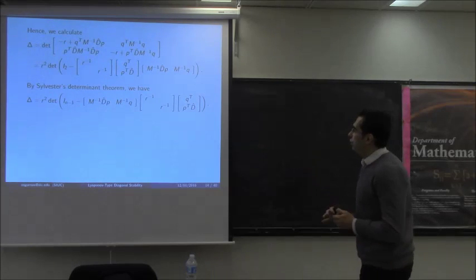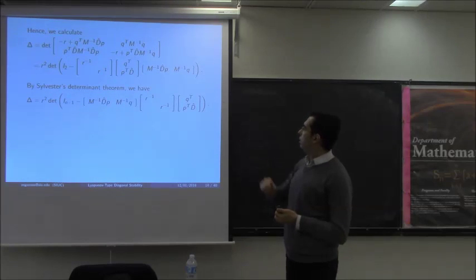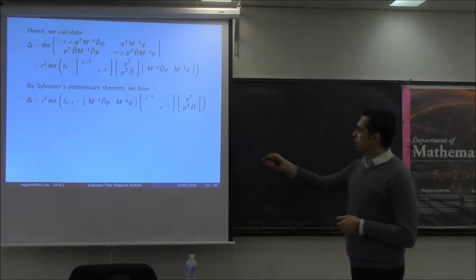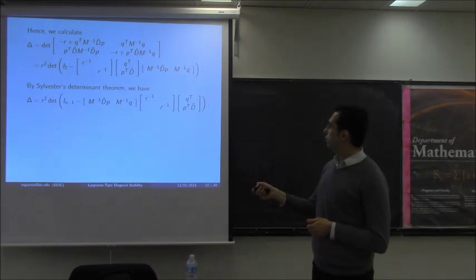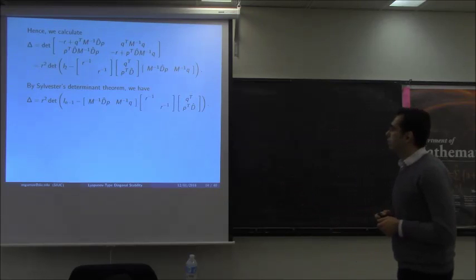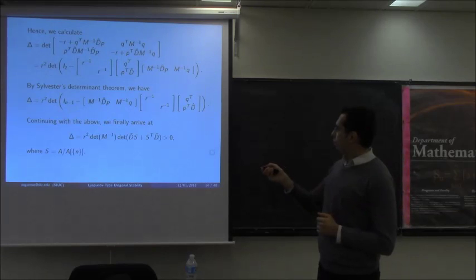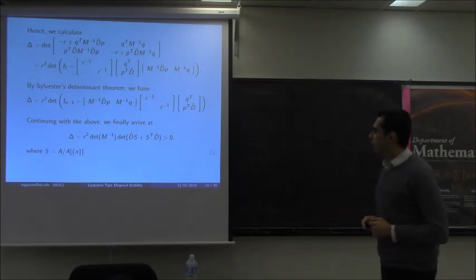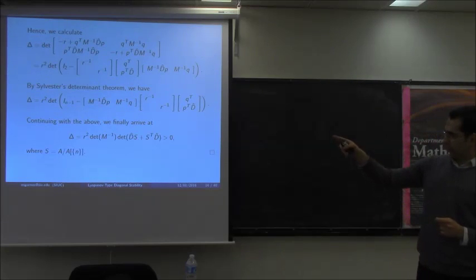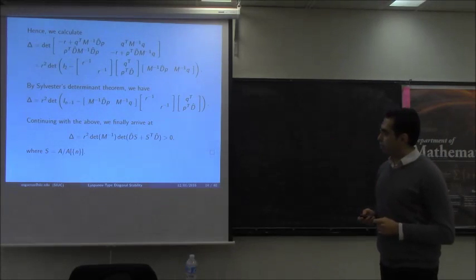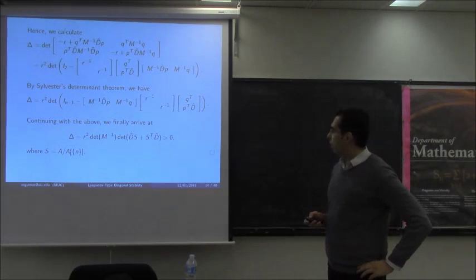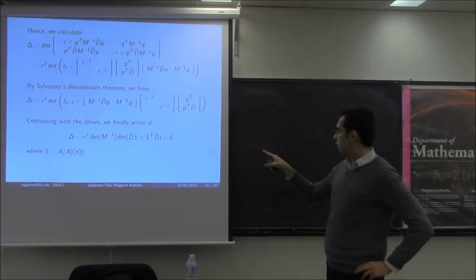That gives us, if we change the place of the matrix multiplication, I m minus some matrices there. And if you continue with this delta, we finally arrive at delta equal to r squared times determinant of M inverse times determinant of d hat S plus S transpose d hat.